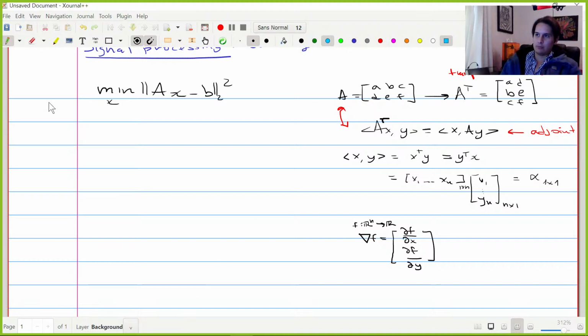First, let's remind a little bit about the least squares problem.